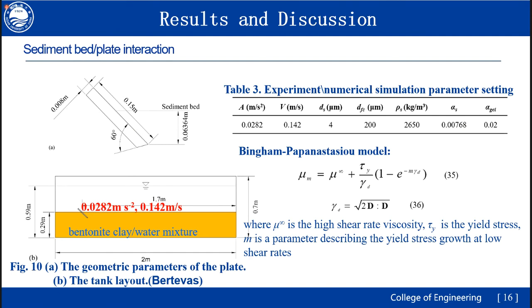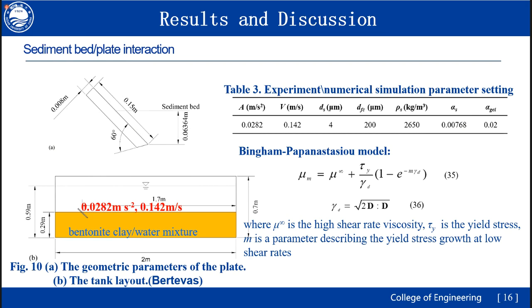The numerical simulation parameter setting is in table 3. We use a model to describe the viscosity effects, and I didn't introduce the data information here. We can find it in these slides. This incline stands for the plate.